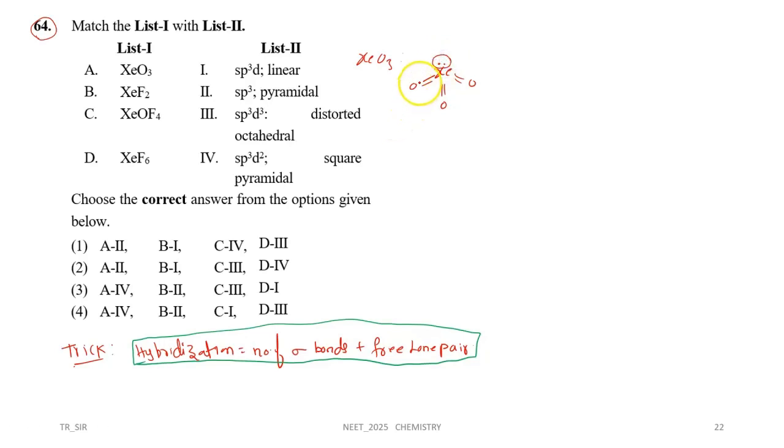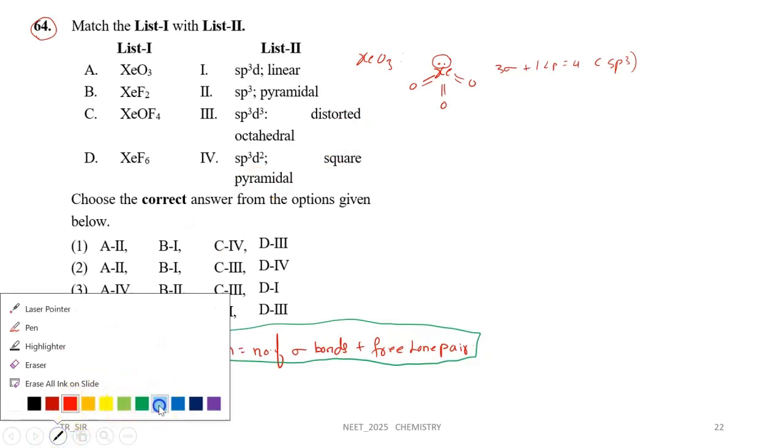Now we can count the number of sigma bonds. Here one pi bond, one sigma bond, one pi bond, one sigma bond, one pi bond, one sigma bond. That means three sigma bonds plus one lone pair, so the total is four. If the total is four, that is sp3 hybridization. Since a lone pair is there, the structure looks pyramidal.